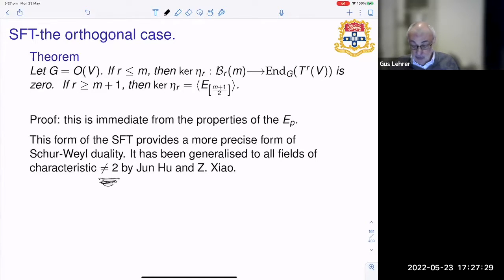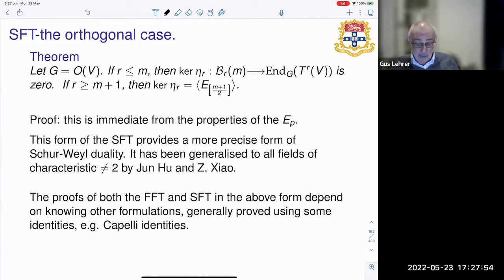Juin and Chaire have proved that. And of course, there are quantum analogues and super analogues of these results, which we'll see in a moment.